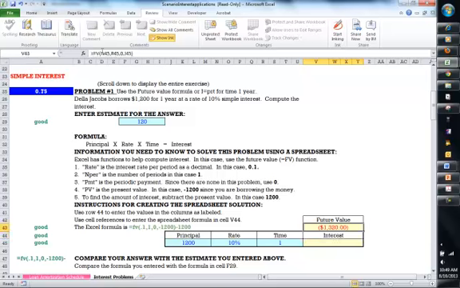Oh, we should have made this one negative $1,200. There we go. And so the interest is the future value, subtract the principal or present value.